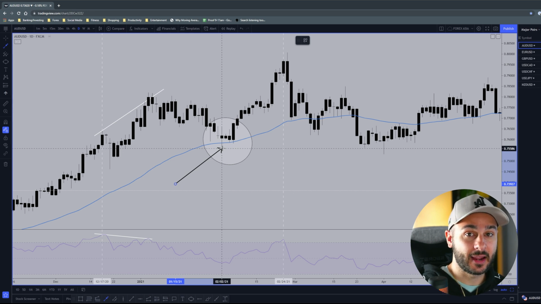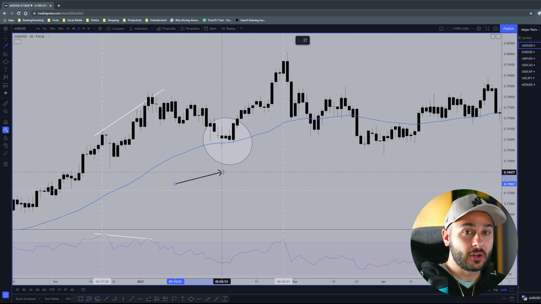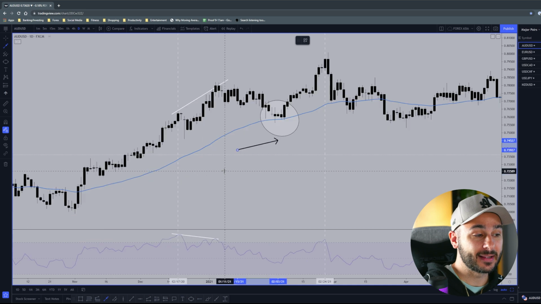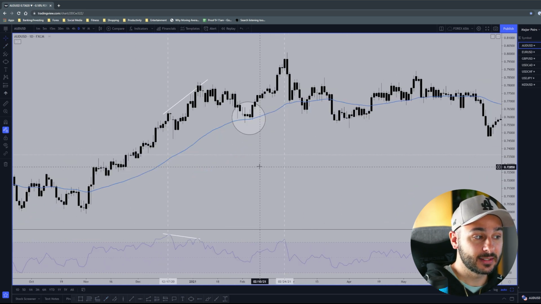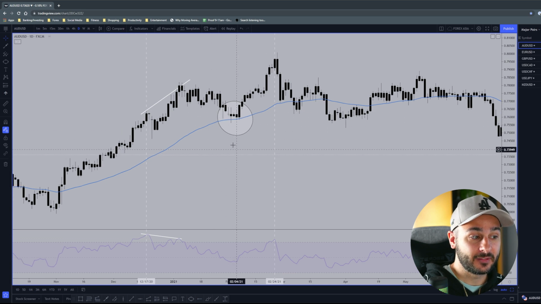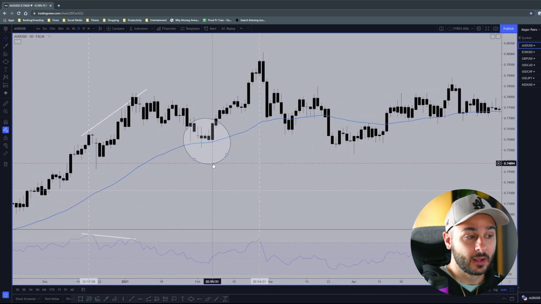It's a defense line, the bias changer, basically. If price breaks below there, then we could potentially start to change our bias from long bias to short bias. Because we are technically in an uptrend, price is making higher highs and higher lows, and it is respecting the 50 EMA at this point over here.